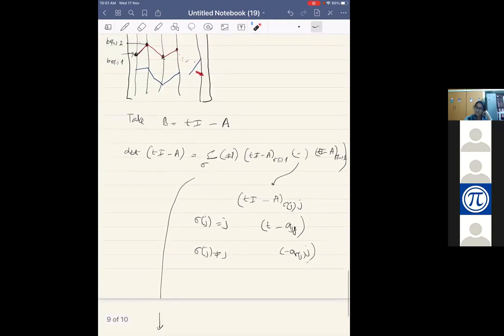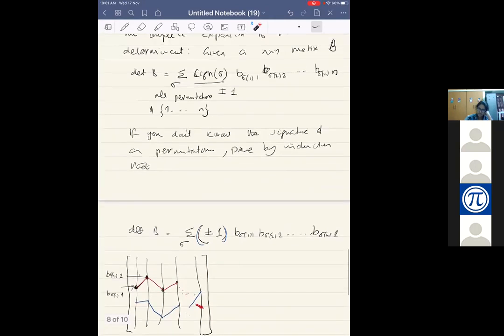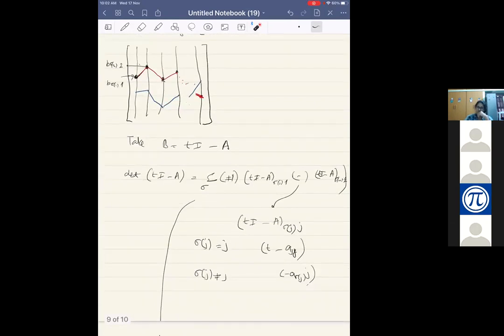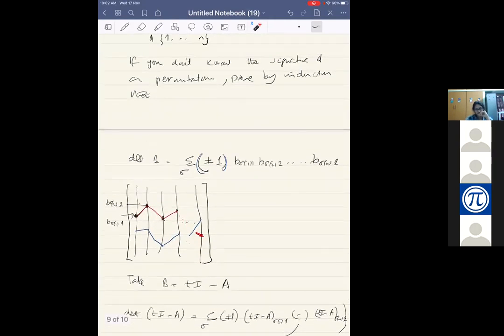In other words, you don't need the full force of this expansion. The full force of this expansion tells you that the sign is the signature of the permutation. If you don't know what the signature of the permutation is, it doesn't matter. All you need to know is that it's plus or minus 1, which you can prove from my definition of the determinant in terms of expansion in columns. This also tells you how you should think of this complete expansion of the determinant in terms of these paths.